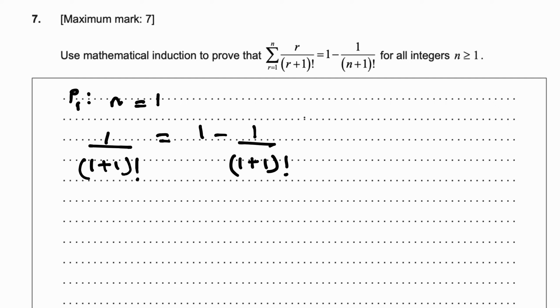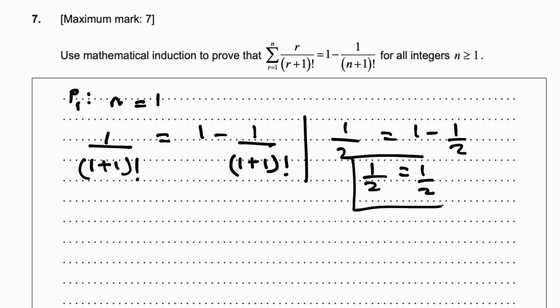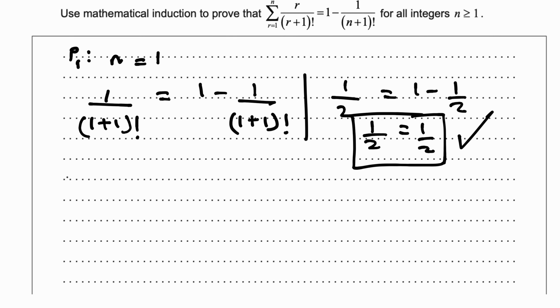Well, 1 over 2 is equal to 1 minus 1 over 2. So I simply get 1 over 2 is equal to 1 over 2. So P(1) is true. Proven. Okay.